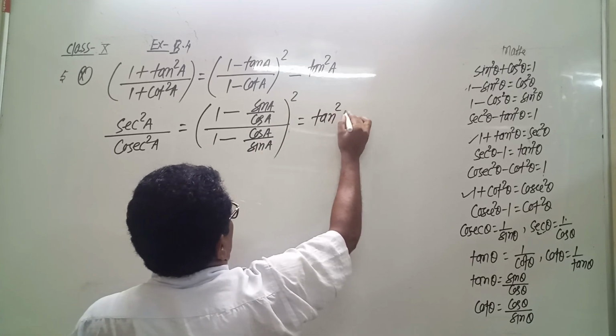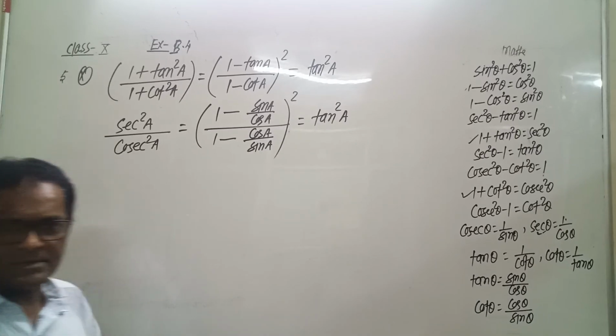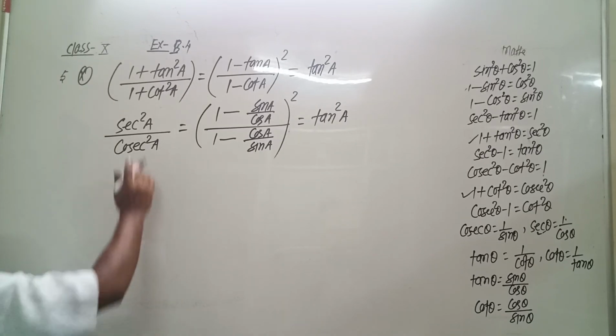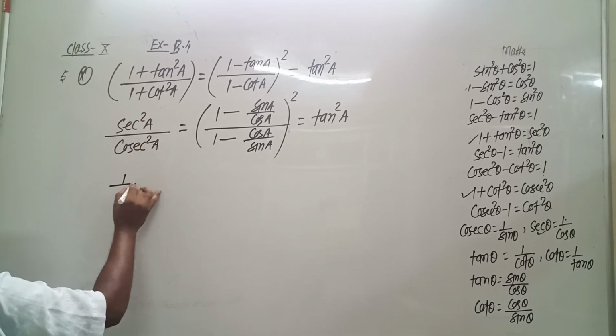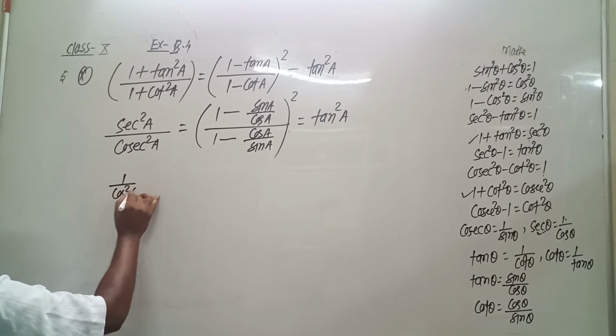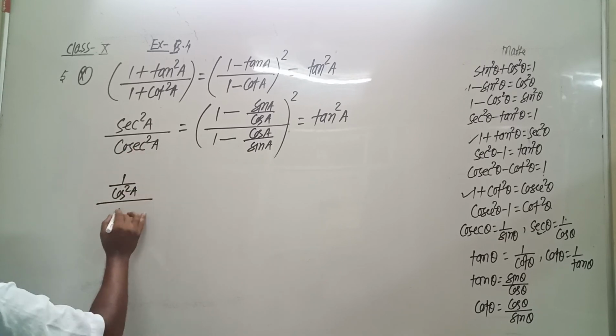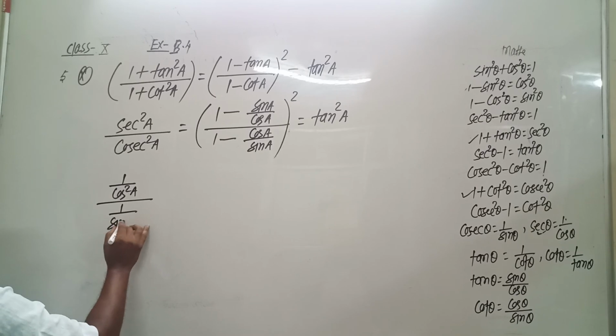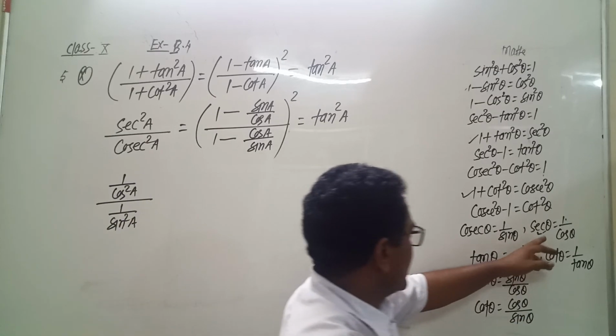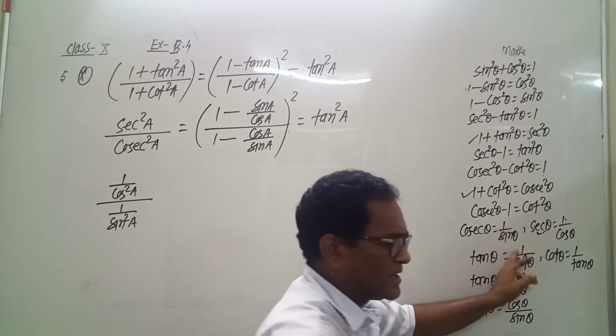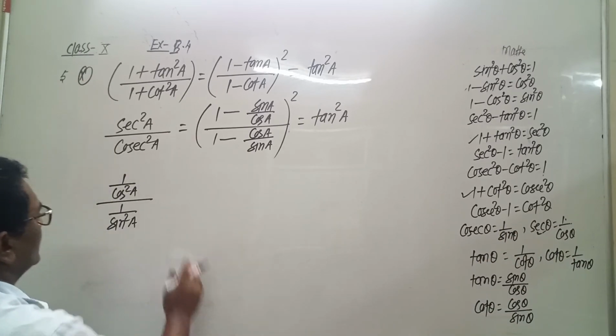And this tan square A would be written as it is. Now sec square A is written as 1 by cos square A and cosec square A is written as 1 by sin square A.